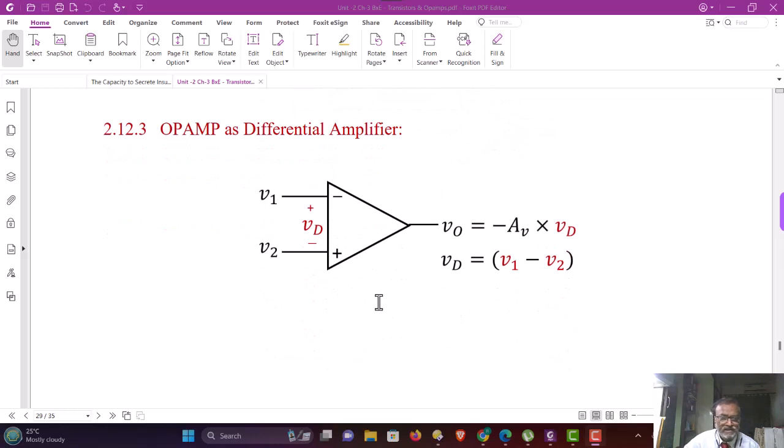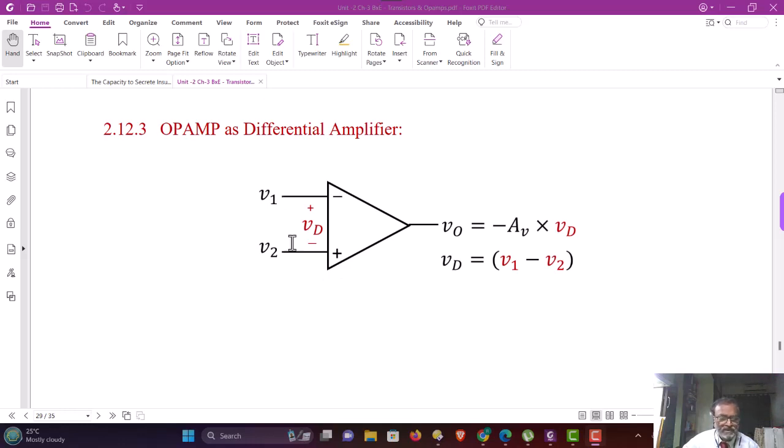Op-amp can be used as a differential amplifier. We have seen that the op-amp has two terminals and therefore according to the application of input, it can be an inverting amplifier or a non-inverting amplifier or a differential amplifier. In a differential amplifier, the inputs are applied to both the input terminals. One input, say V1, is connected to terminal 1, that is the inverting terminal, and another input V2 is connected to the non-inverting terminal.